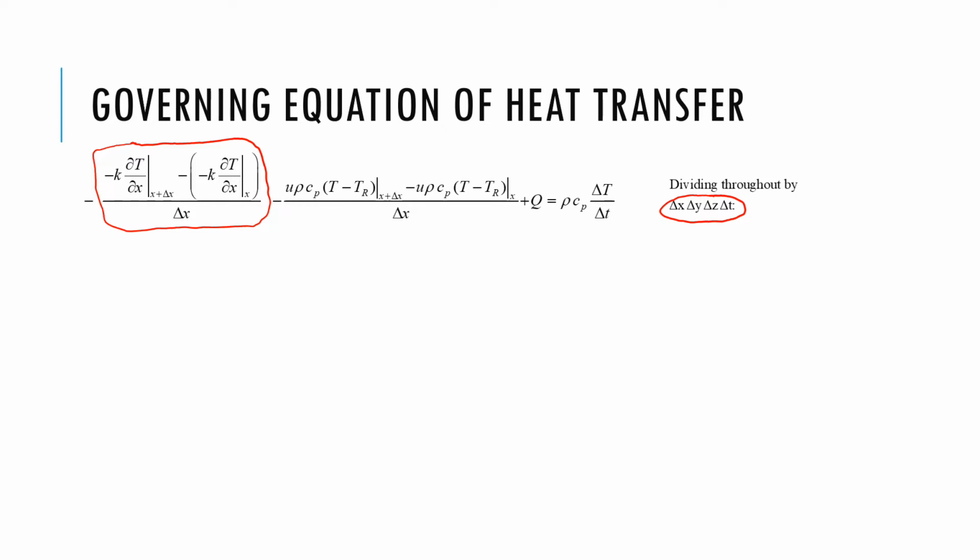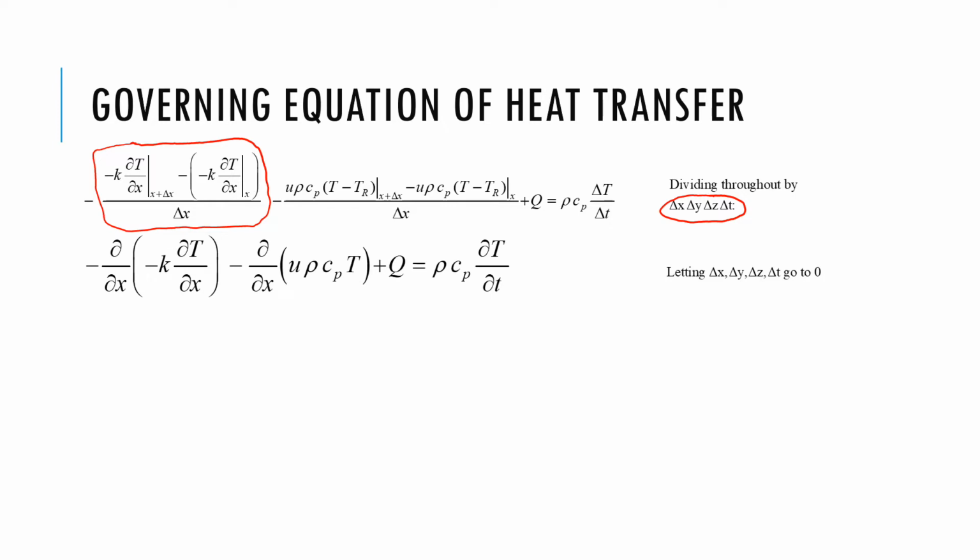Because if I let delta x, delta y, delta z, delta t go to 0, then the first term is a function evaluated at x plus delta x minus the same function evaluated at x, divided by delta x. If I take the limit as delta x goes to 0, then this is the derivative.